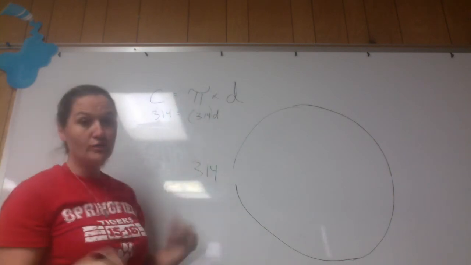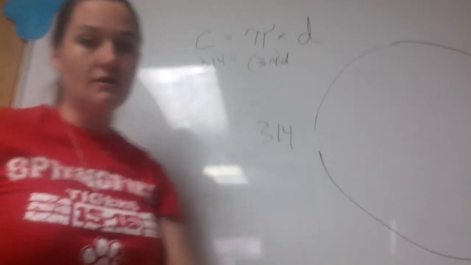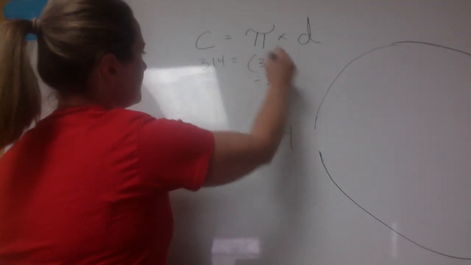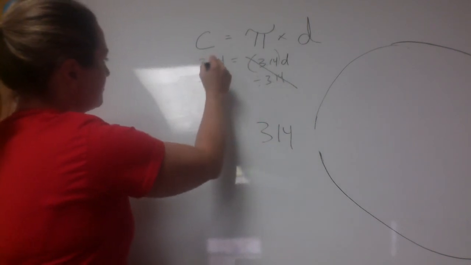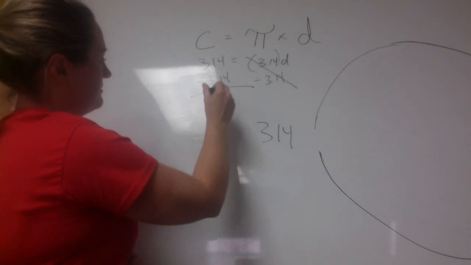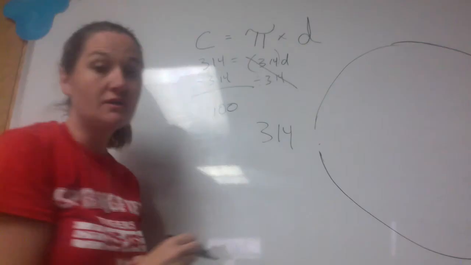D is our unknown, we need to solve for d. Remember, we divide by 3.14 to make it go away there, so we have to divide this by 3.14, and I should get 100. So my diameter would have to be 100.